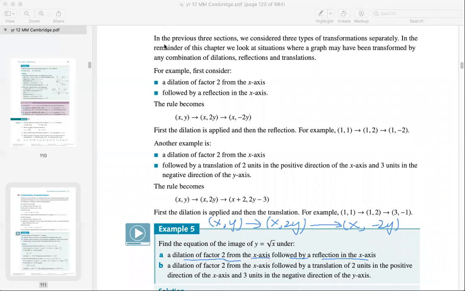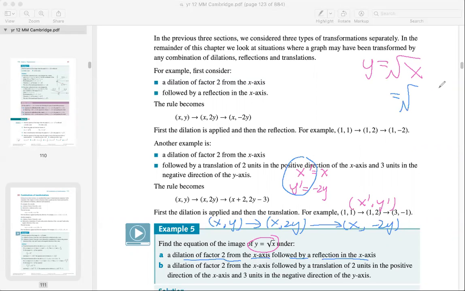The next one is just like the algebra. Okay, so it's just x dash, y dash. We just make x dash equal to x, and my y dash equal to negative 2y. Again, this is the original function we have: y equals square root of x, but we want the relation in x dash and y dash.